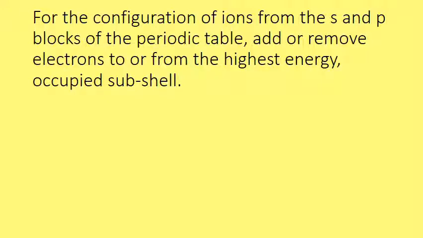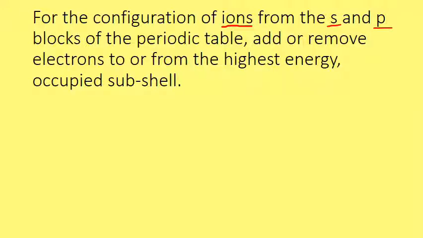Okay, so let's just pick that statement apart to make sure we understand it. Firstly, notice that we're talking about ions. So this is a rule about electron configuration of ions only, because we're adding or removing electrons. And secondly, let's notice that we're just talking about some of the elements, not all of the elements.